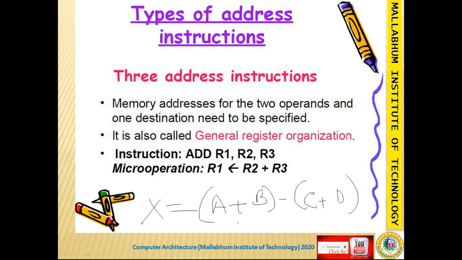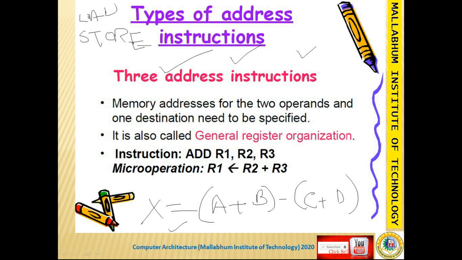We will evaluate this statement with the help of 3 address instructions, 2 address instructions, 1 address instruction, and so on. For this, the symbolic opcode load is used for transferring data from memory, and the symbolic opcode store is used for storing data.